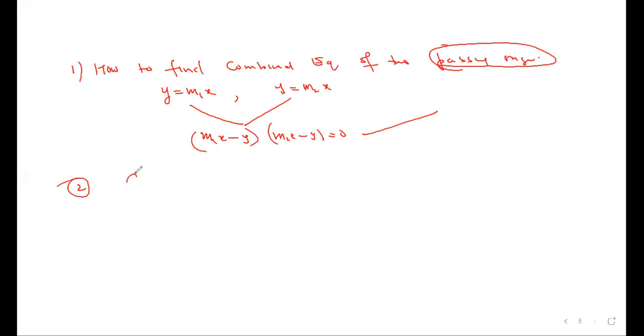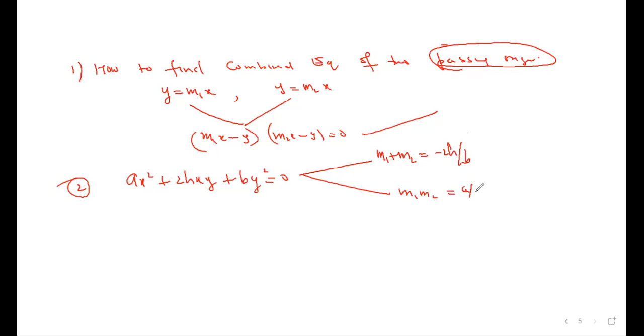Second, if the combined equation is given to you, what all things can you say from the equation? First thing, the sum of the slopes is minus 2h upon b. Product of the slopes is a by b. If you want to find the exact slopes, take the auxiliary equation and solve it.